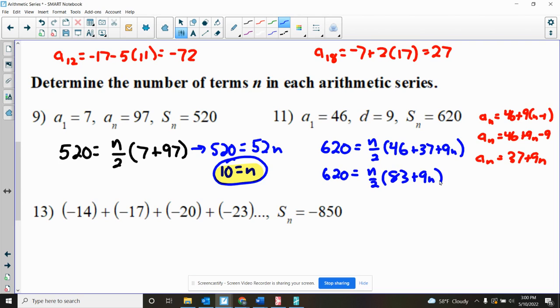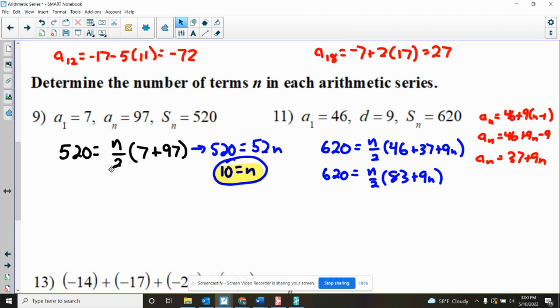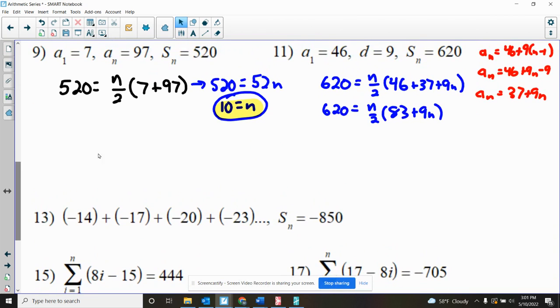And at this point, you have some choices. You can distribute the n over 2 through the parentheses. That will work. However, because these are both odd numbers in there, it is going to leave you with fractions in your parentheses. That's not wrong or necessarily even bad, but it does make things a little bit more complicated.